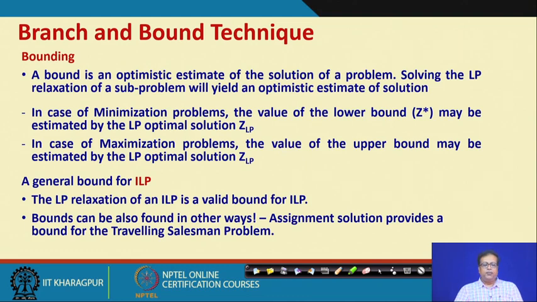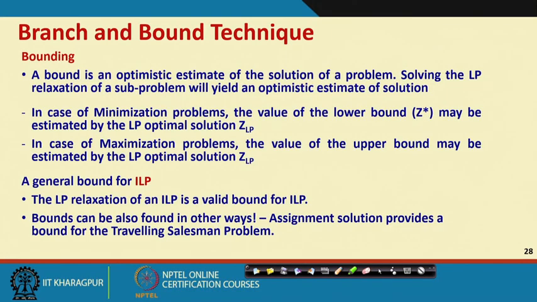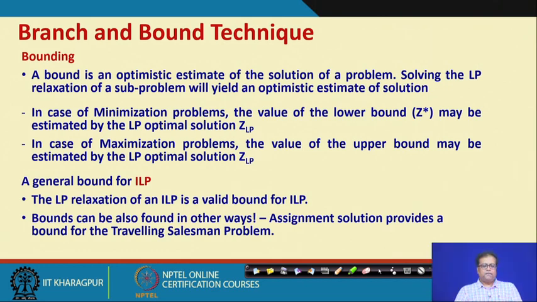But then typically if we are solving an integer linear programming problem and we have a non-integer solution, then the LP solution can give us a lower bound for minimization and an upper bound for maximization, right.